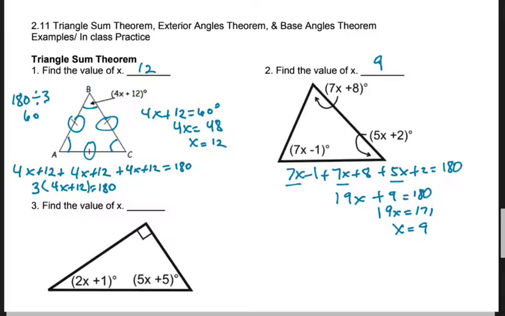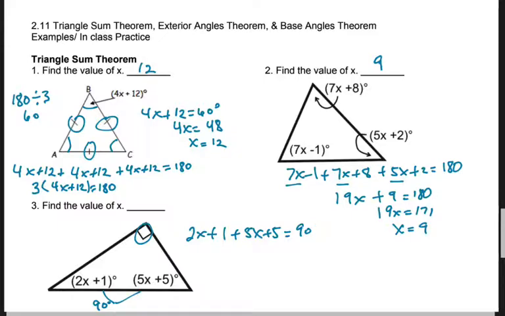On the next one, again, triangle sum theorem. So those three angles have to add up to be 180. By the way, if you've got a right angle, then we know these two have to be complementary, so they have to add up to be 90 degrees, so all three. So I'm going to stop right there, just set that equal to 90.